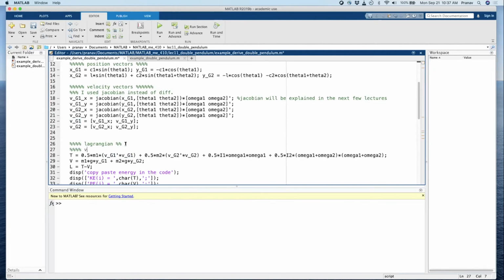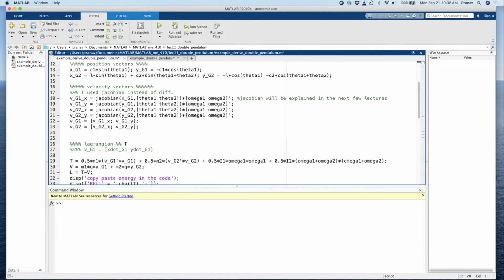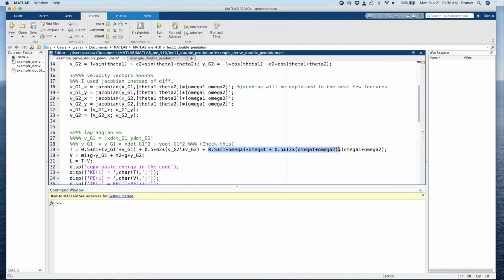So vg1 is x dot g1 and y dot g1. When you do vg1 transpose times vg1, you can check this, it actually comes out to be that square plus that square. You should check this. The rest of the part is the same as what I wrote down in my notes.